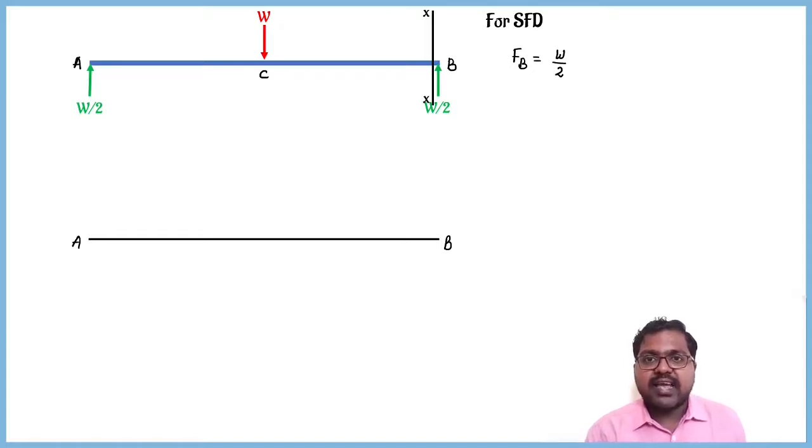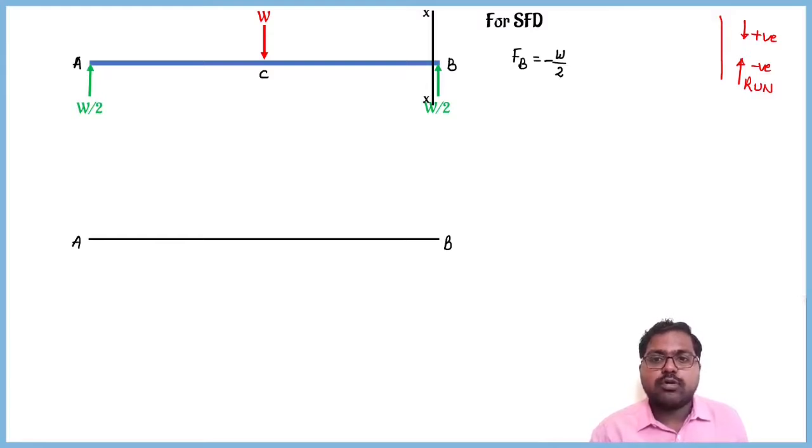So here for sign convention, I am taking the sign conventions for the shear force diagram: on the right hand side, upward is negative and downward is positive. So here at B, the reaction force W by 2 is acting upward on the right side, so it is negative. So FB will be equal to minus W by 2.